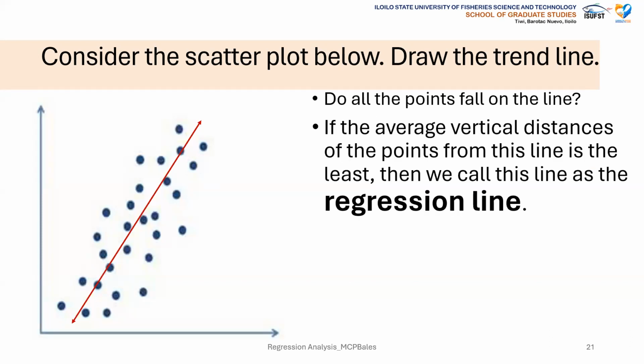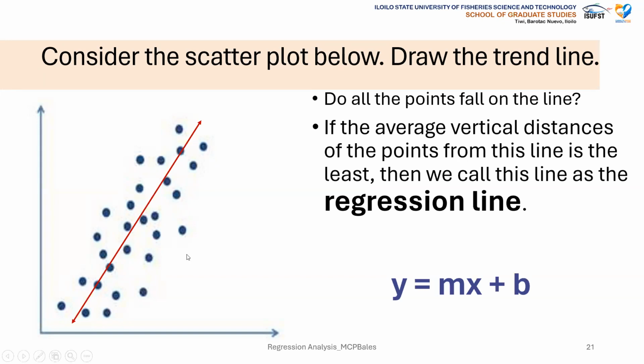But if the average vertical distances of the points from this line is the least, then we call this line the regression line. And the regression line is, if you are a math major, now you know that this is what we call the slope-intercept form of a line, which is y equals mx plus b.